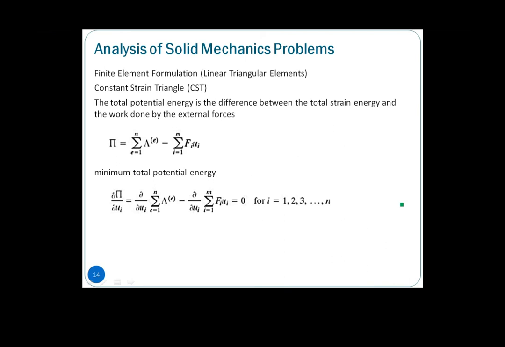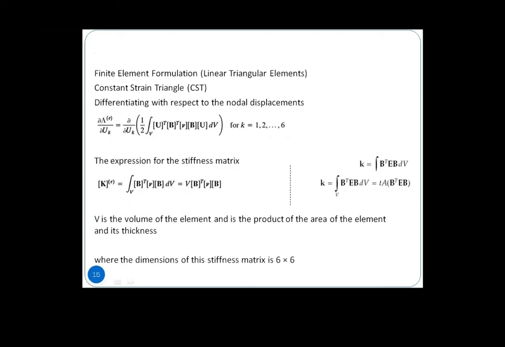Then with the strain energies, the total potential energy is the difference between the total strain energy and the work done by the external force. So this is what we have previously. If you want to find the minimum total potential energy, then you find the derivative equal to 0. That part is our minimum total strain energy, this is our minimum work done by the external force, and then we have the minimum total potential energy.